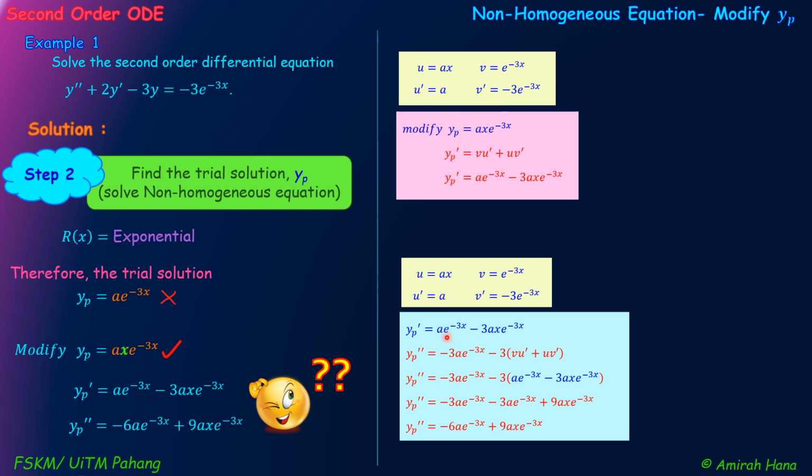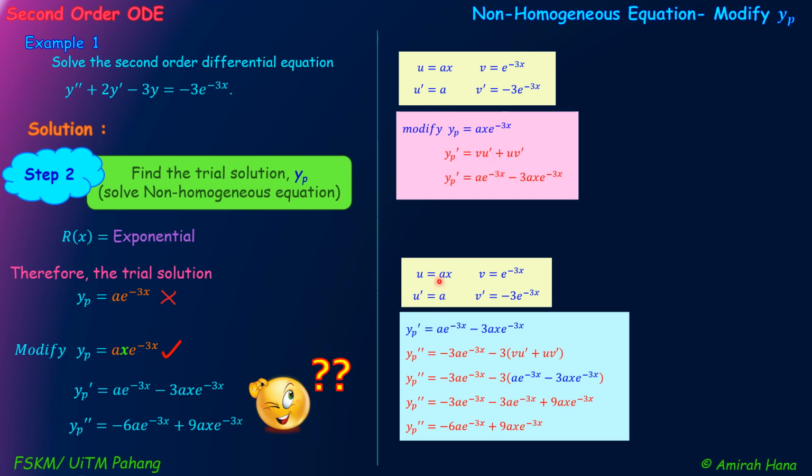Okay, from here, it is multiplication by a constant. Okay, so no need to differentiate using product rule. We differentiate directly. So we got negative 3ae to the power of negative 3x. But to differentiate this function, we need to use product rule. Okay, we have constant negative 3 in front, and then to differentiate ax times e to the power of negative 3x, we use the same technique from here.